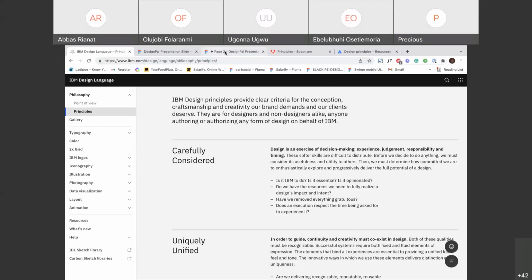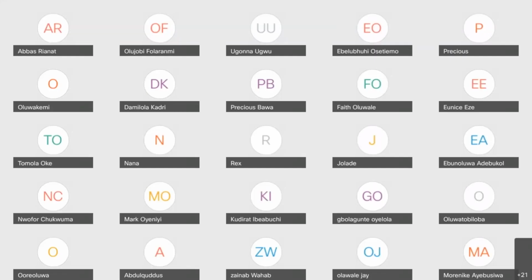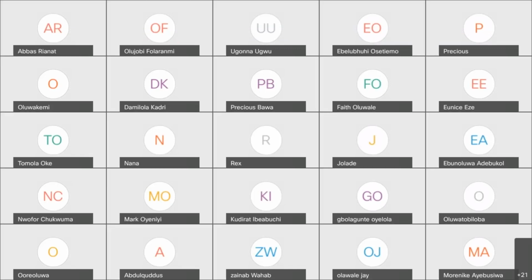Let me share. I don't know if you want to make reference to this. I can share this. I don't want to stop sharing. I want to share the Figma file.